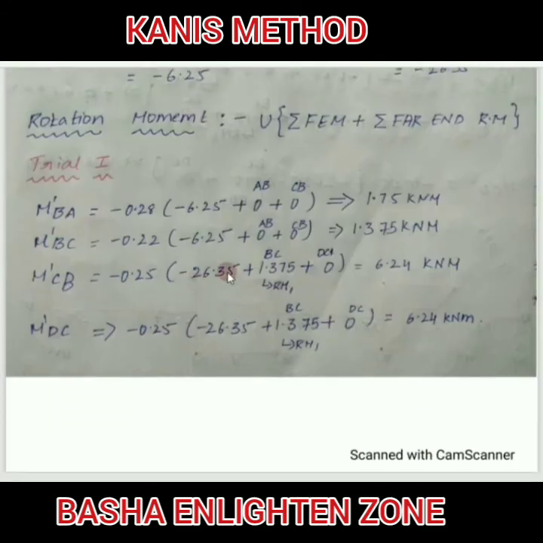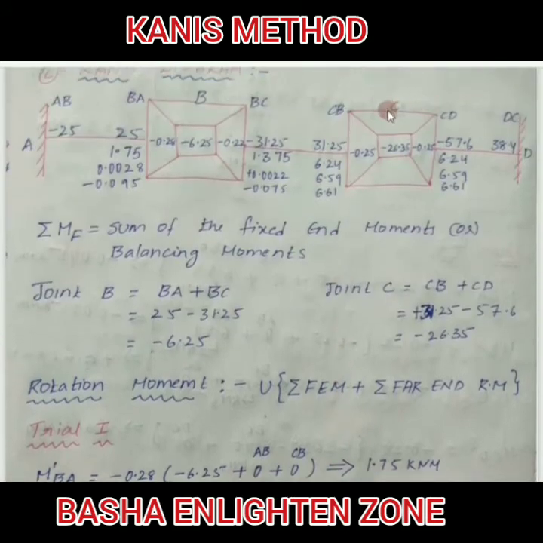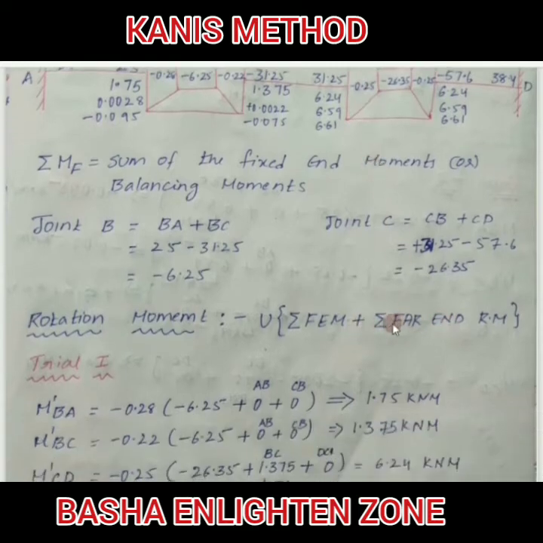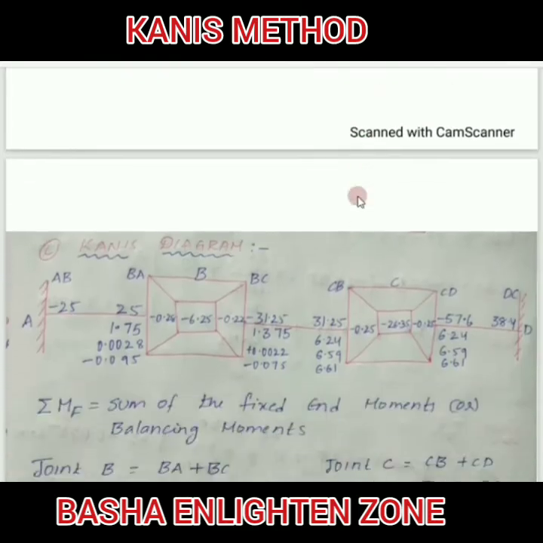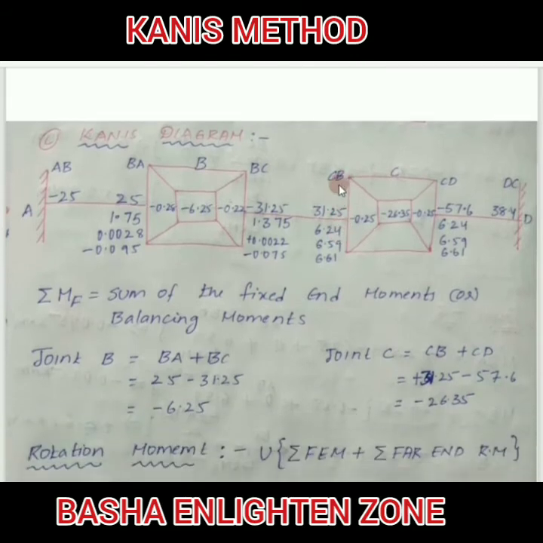So see here into minus 26.35 plus, while calculating CB, the formula will be the sum of the far end rotation moment. So see here for CB, what is the sum of the far end rotation moment here? For CB, far ends will be BC and DC.